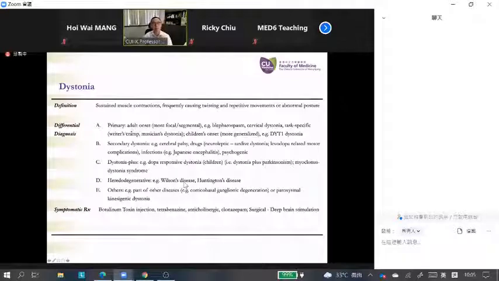Okay, now I'll talk more on primary dystonia. It's just like primary essential tremor, but primary dystonia with no other causes, not hereditary, not drug-related, not tardive.